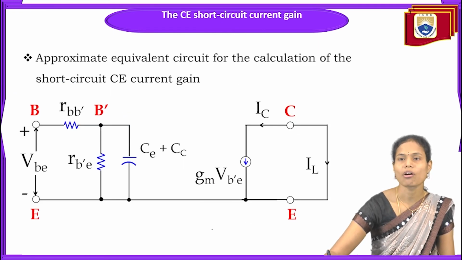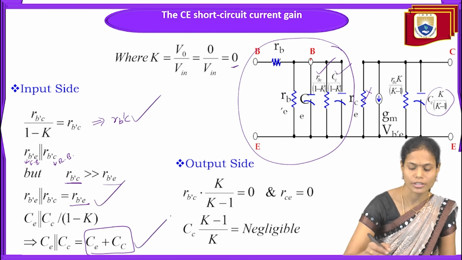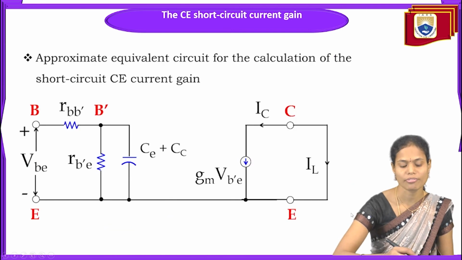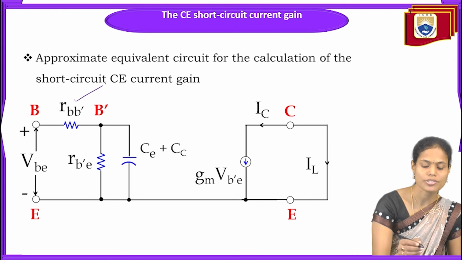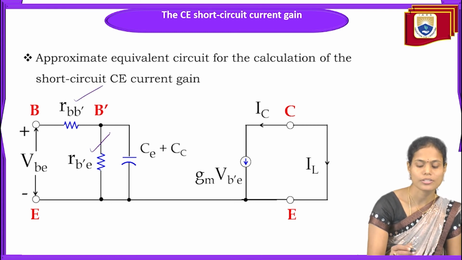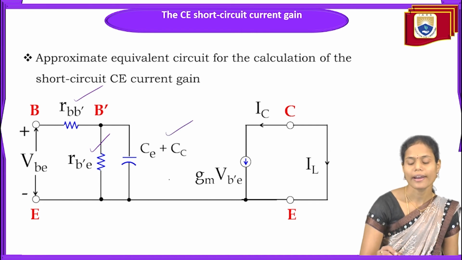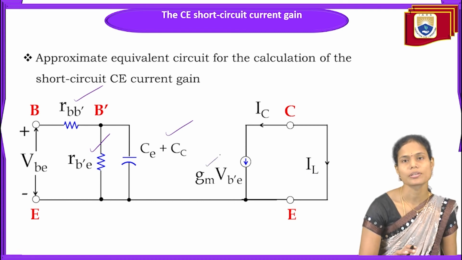After applying all those conditions, our circuit is modified in this way. On the input side we have only RBB dash resistance and RB dash E resistance and the sum of two capacitances, CE plus CC. Similarly, across the output side we don't have any resistances and capacitances, only the output conductance GM is present.